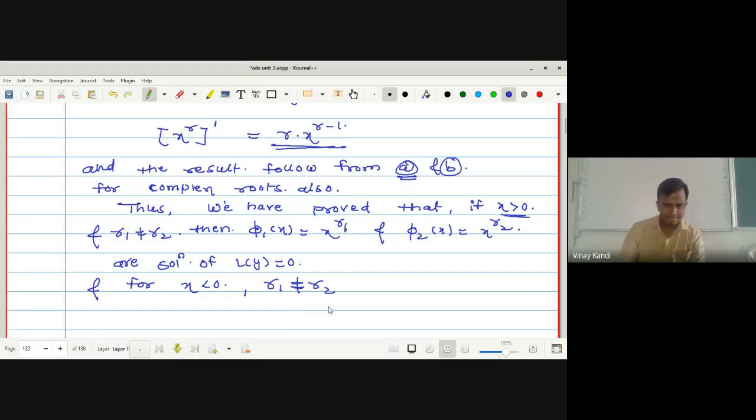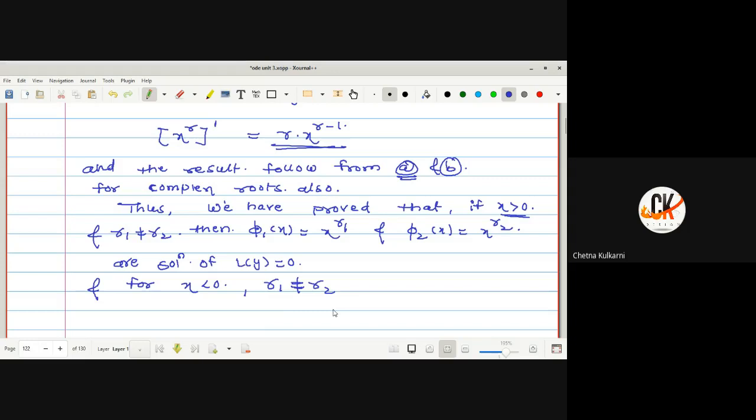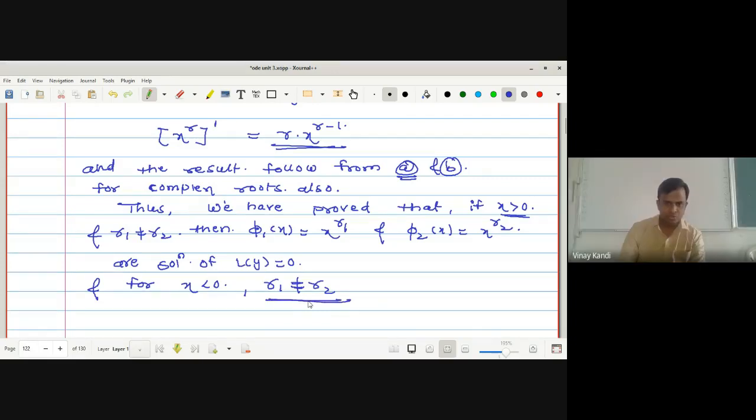Yes, sir. हां, जर r1 आणि r2 जर कॉम्प्लेक्स रूट्स असतील तर आपण इक्वल आहे अनइक्वल आहे म्हणू शकतो का? असं लेस दॅन आहे ग्रेटर दॅन आहे नाही म्हणू शकतो, ऑर्डर स्ट्रक्चर नाही आहे. डिस्टिंक्ट रूट्स, याचा अर्थ डिस्टिंक्ट रूट्स. ओके, if r1 and r2 are the complex roots and they are distinct, not same.